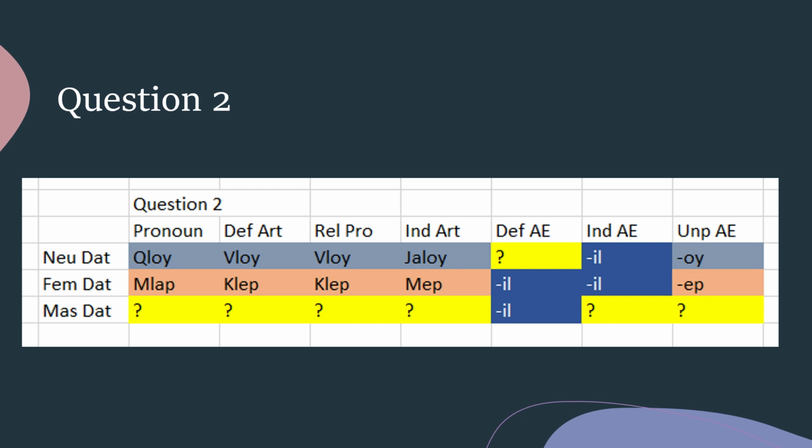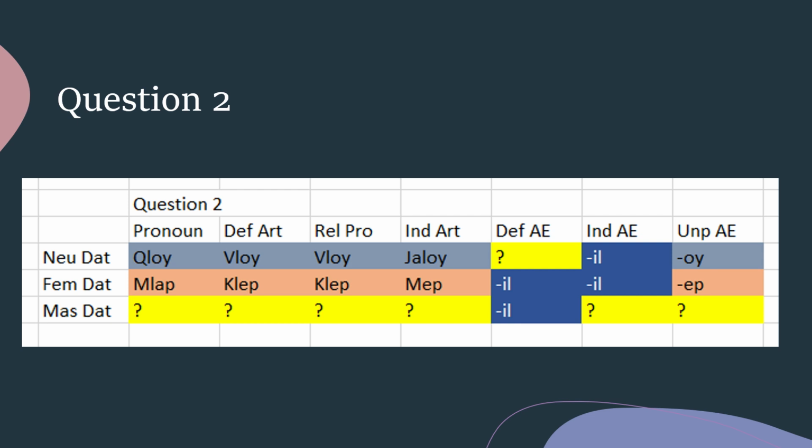For the feminine dative, you have mlop, klep, klep, mep, and ep. Based off of these trends that we've talked about, can you figure out and remember what the masculine dative is? Everything except for the definite adjective ending. And based off of the feminine dative and masculine dative, can you figure out what the neuter dative is? You can figure it out based off of the trends we've discussed.